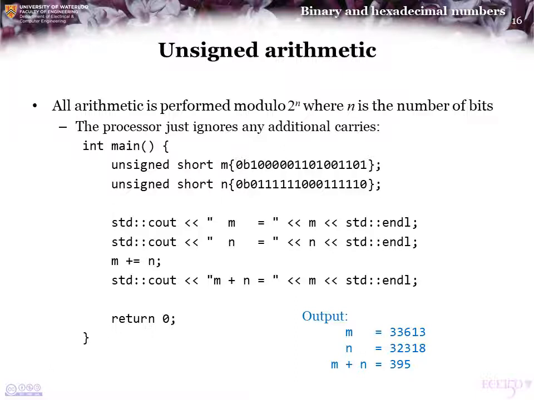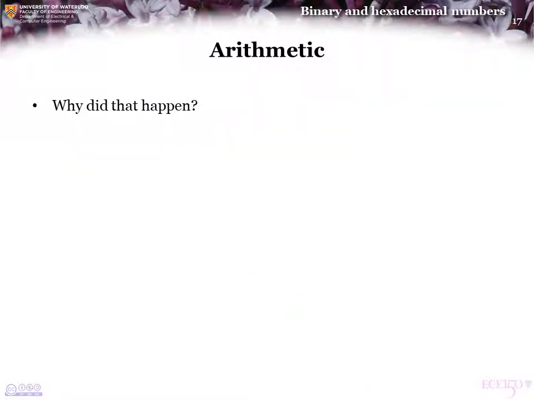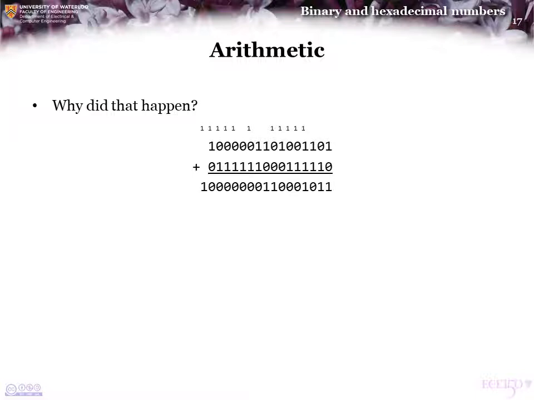Now, how exactly did this happen? Well, if we take those 2 integers in binary and add them, we get the following result, and you can check these results to make sure you understand that, yes, this is indeed what would happen. Thus, we see that the sum of those 2 integers should indeed be 83,339.